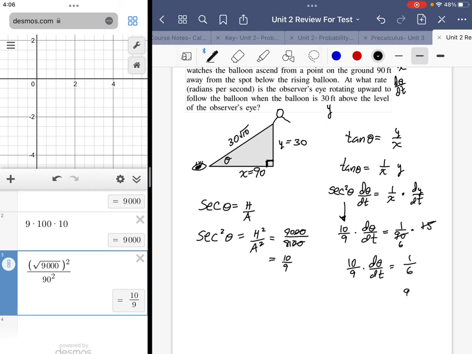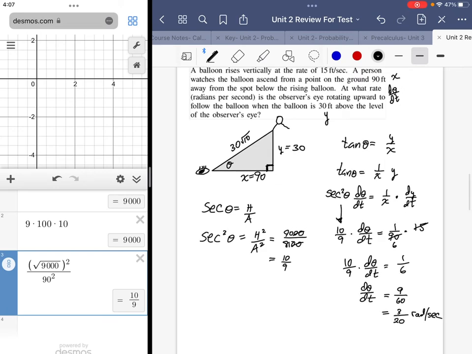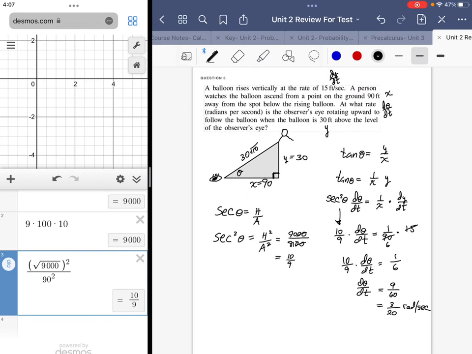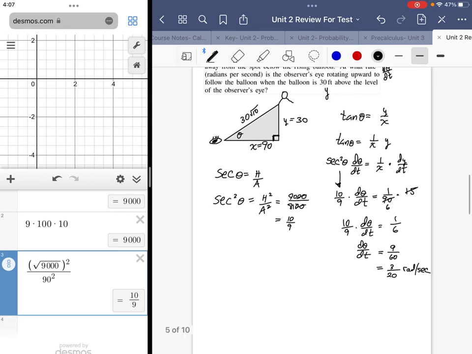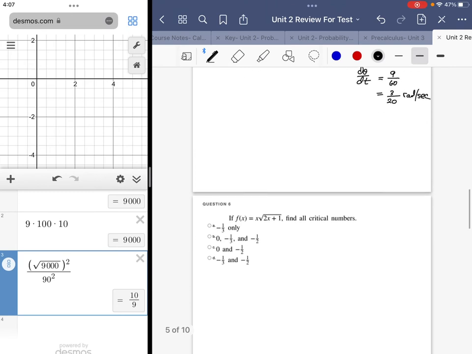So we'd look at 9 over 60 d theta dt is equal to that, which simplifies a little bit more. Top and bottom divisible by 3. So 3 over 20, and this is radians per second. Right, so one little step of differentiation, but after that it's all just computation.